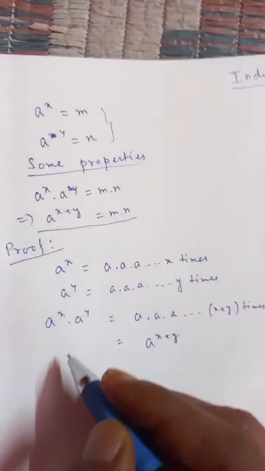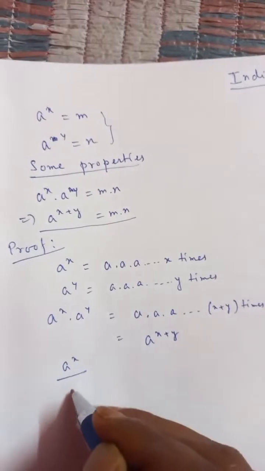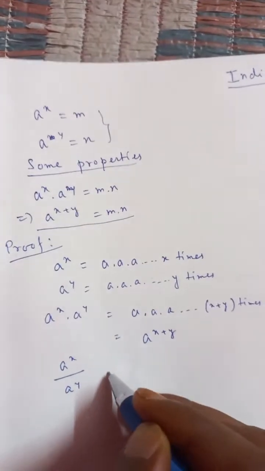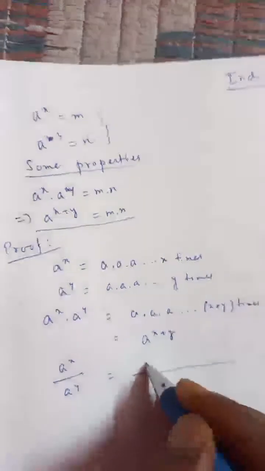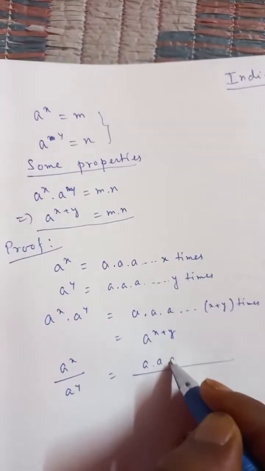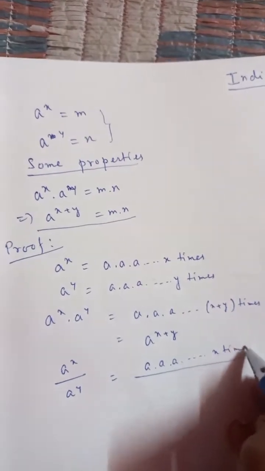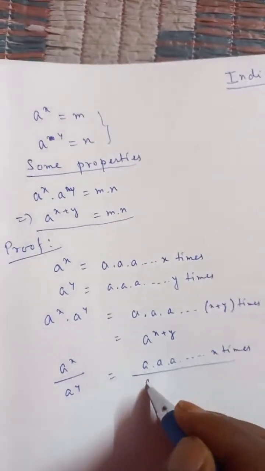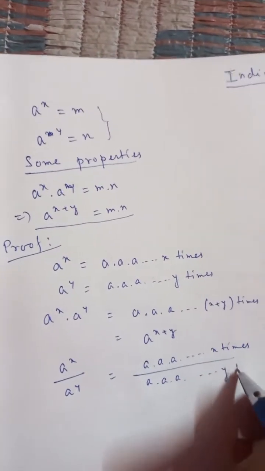In this way, if we take a to the power x by a to the power y, we have a multiplied a up to x times over a multiplied a up to y times.